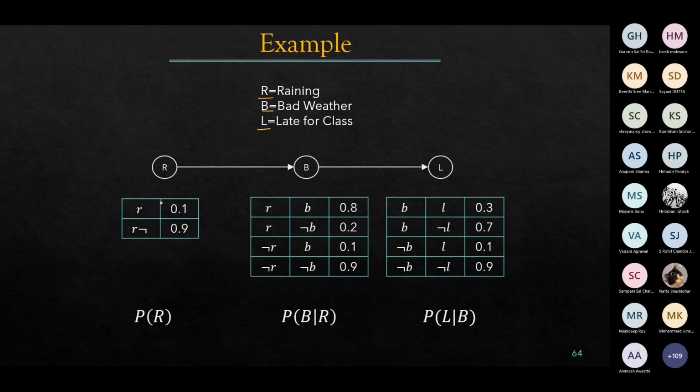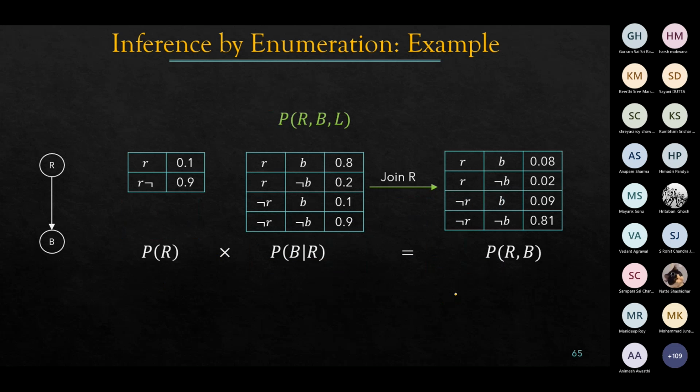These are the CPTs that are associated with these nodes. I don't think that I should explain this; it is very clear from the earlier discussions. So this is basically P(R), this is P(B given R), and this is P(L given B).